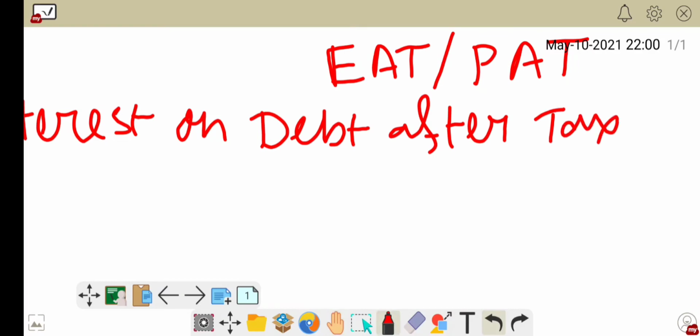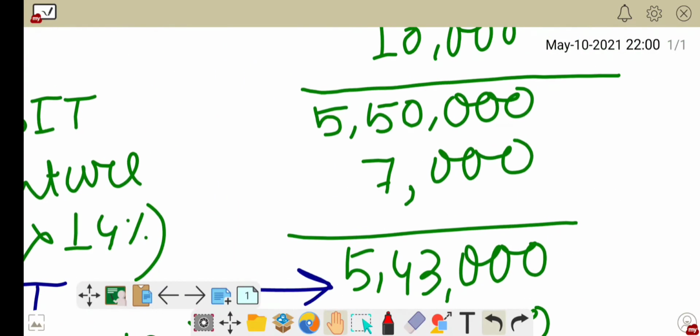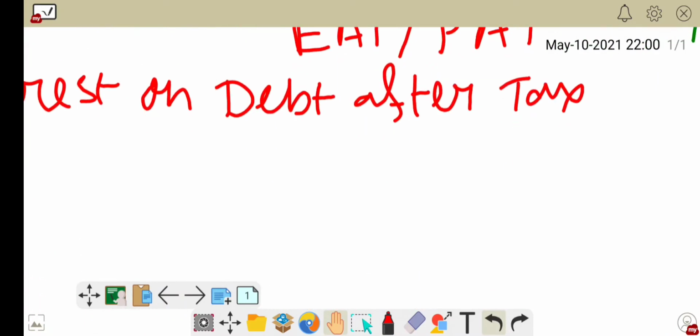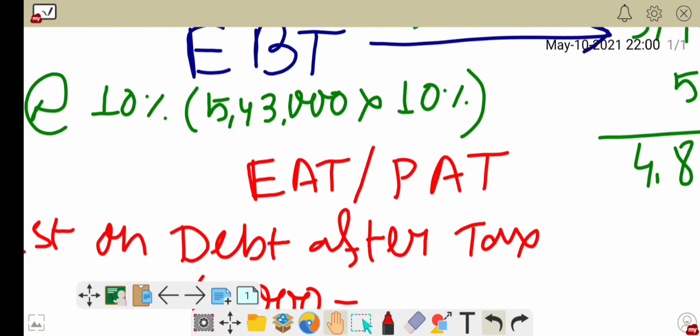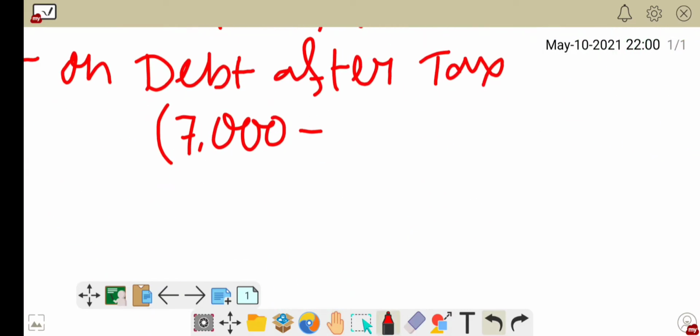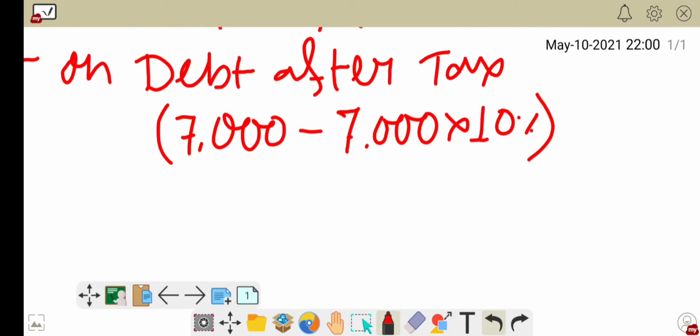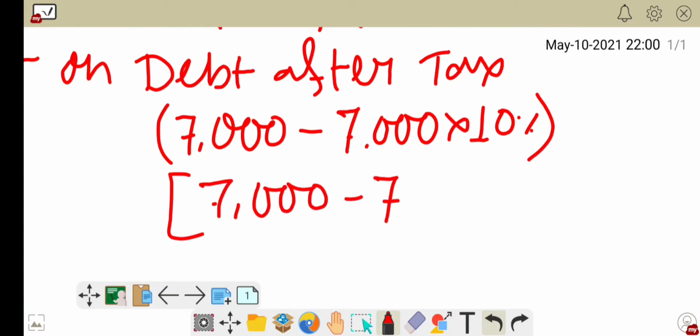Our interest is rupees 7,000, and we will deduct the tax amount, which is 10%. So we'll deduct 7,000 into 10%, that is 700. So 7,000 minus 700 is 6,300.